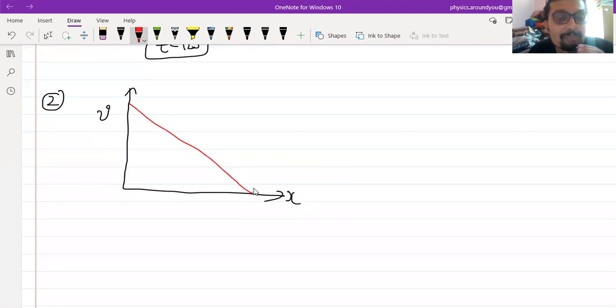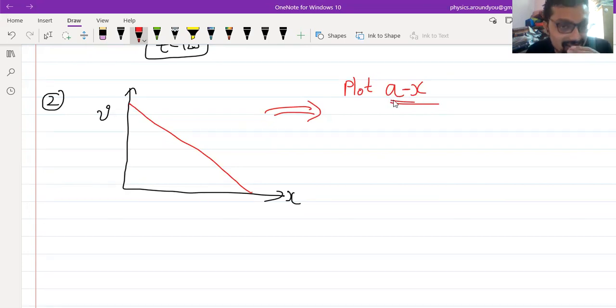From this, I want you to imagine how the acceleration versus position plot will look. Not acceleration-time, but an acceleration-position plot. Given the Vx plot, I need the Ax plot.